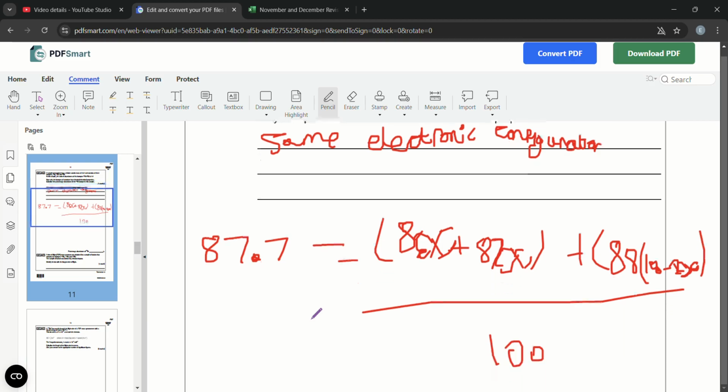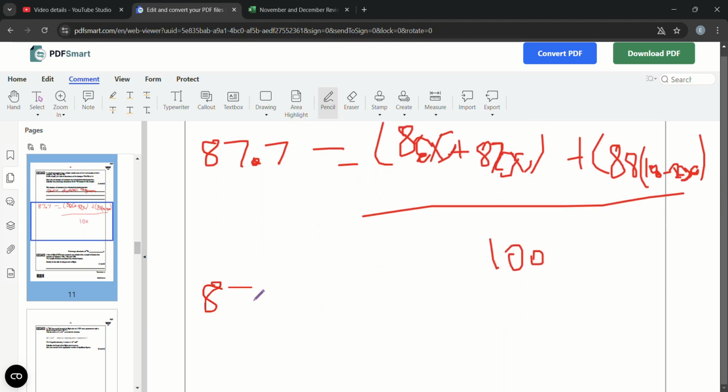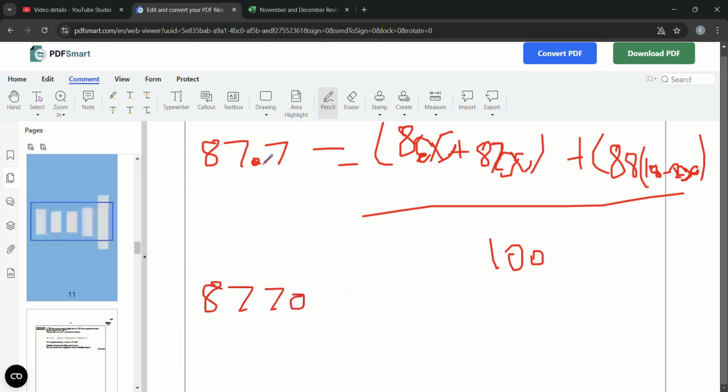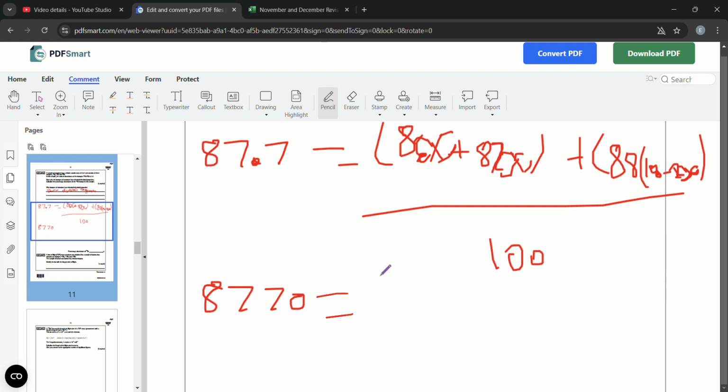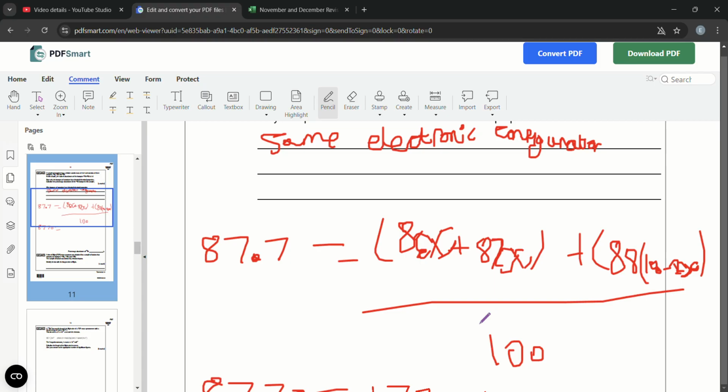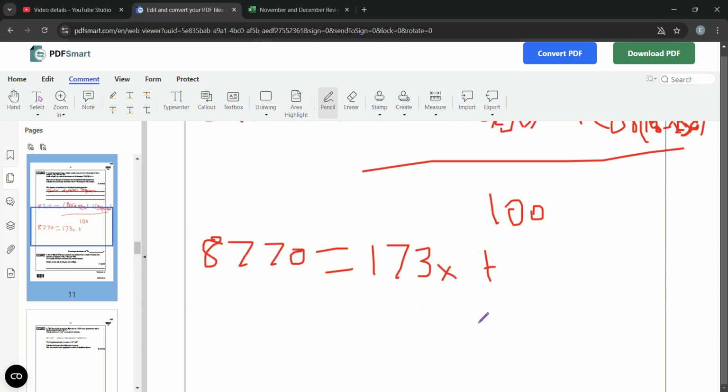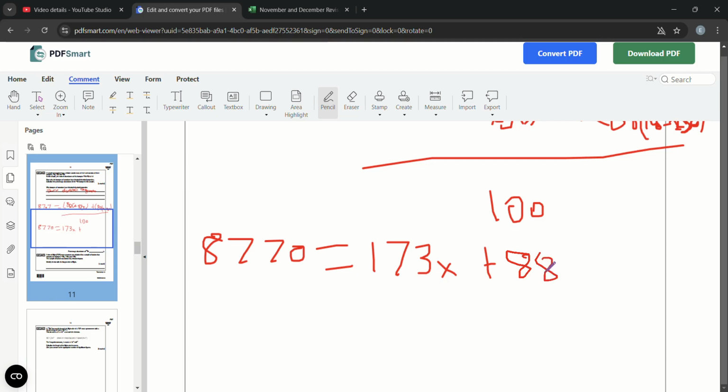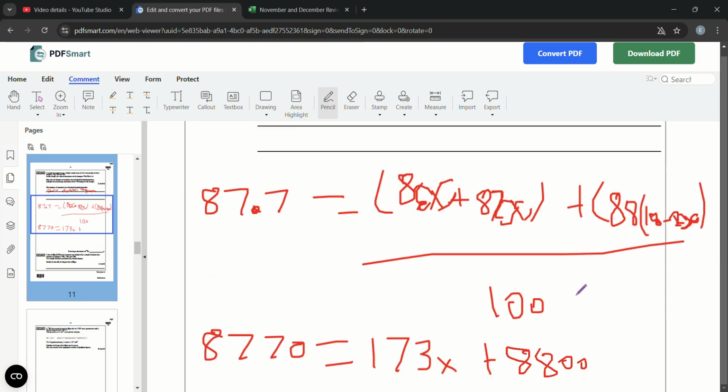So we're going to get 8770, I'll just times by 100, is equal to 86x plus 87x, 173x, plus 88 times 100, 8800, 88 times minus 2x, minus 176x.